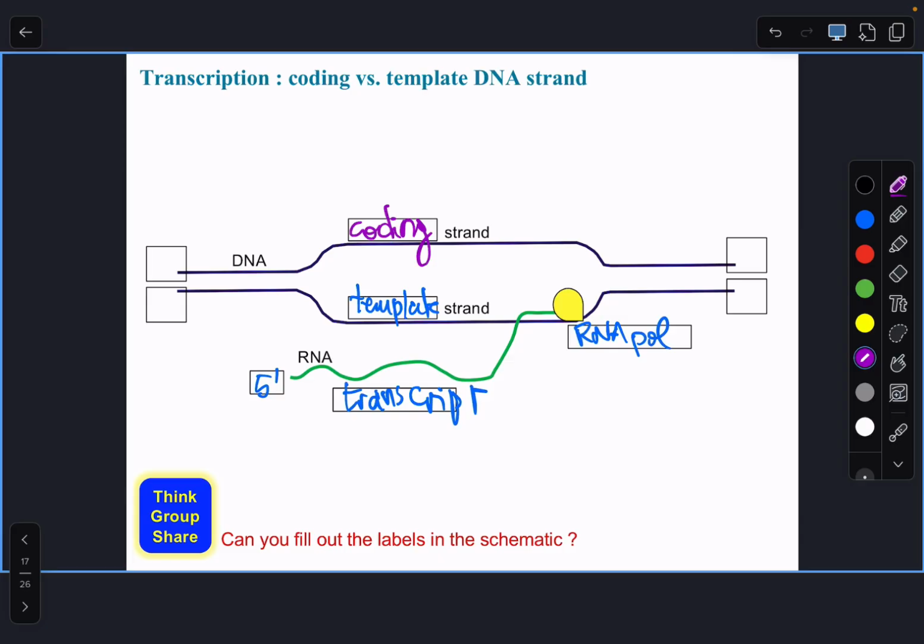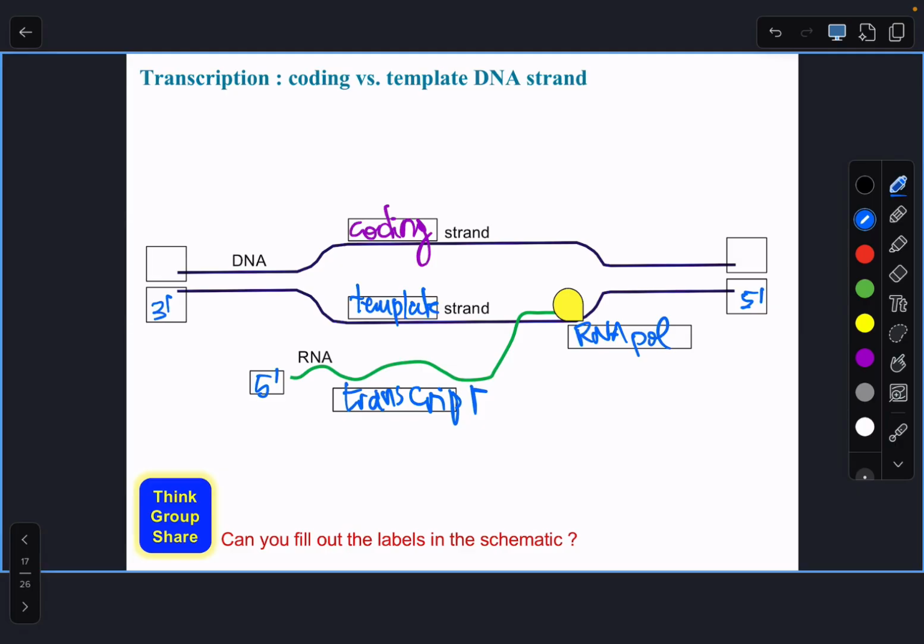So what is the polarity of the template strand? To the left, what would you guys write? This little box here. 3, that's right. So, 3' to 5'. And that, once again, comes from the fact that base complementarity can happen only if the nucleotides are oriented in anti-parallel orientation.